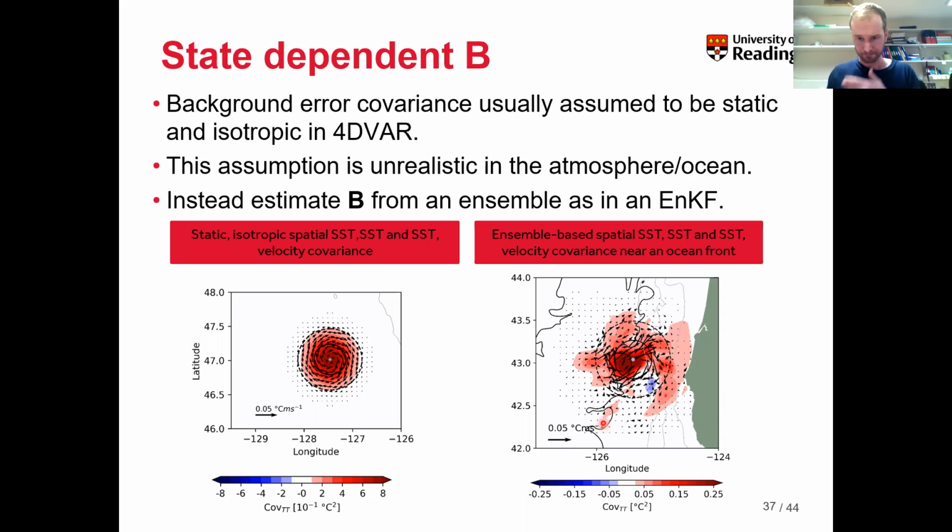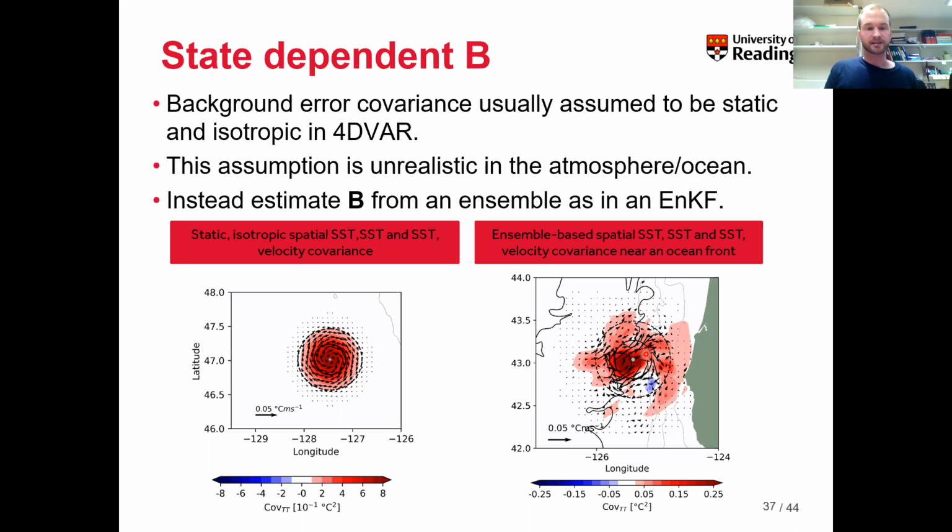But if we now look at this covariance, which is estimated from an ensemble, at the edge of an ocean front, where the salinity changes rapidly, then we see that the covariance looks quite different. So what we would like is to run an ensemble of 4D-Vars and then use that ensemble to estimate the covariance B, just like is being done in the ensemble Kalman filter.